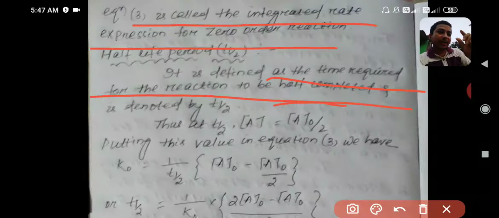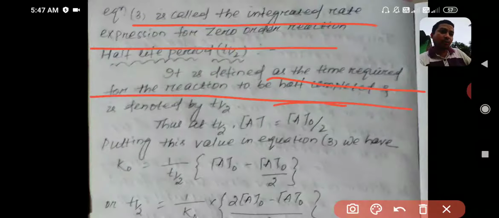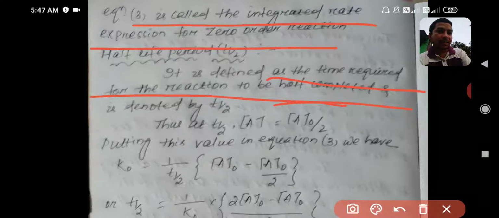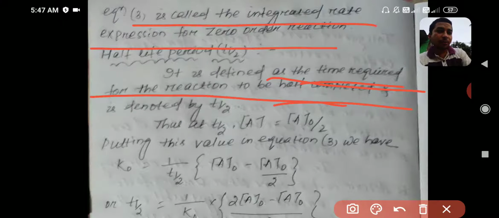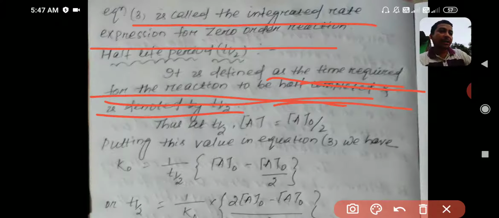The reactant needs to be consumed in order to form the product. So the time required to consume the reactant to its half is known as your half-life period, or we can write it as, it is defined as the time required for the reaction to be half completed and is denoted by T half.